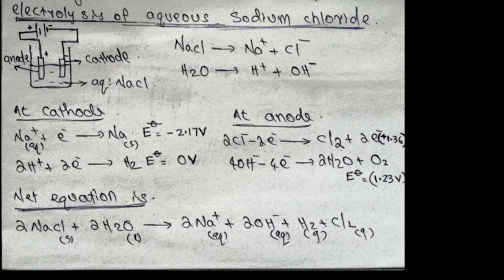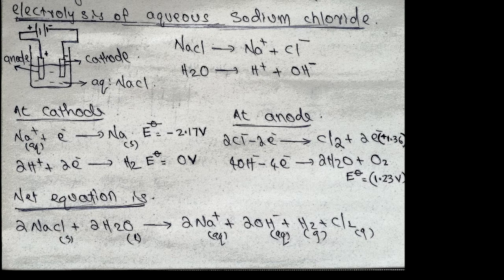Next we have to discuss electrolysis of aqueous sodium chloride. Aqueous sodium chloride means sodium chloride and water. Aqueous means water. Sodium chloride after ionization forms Na+ and Cl- ions.